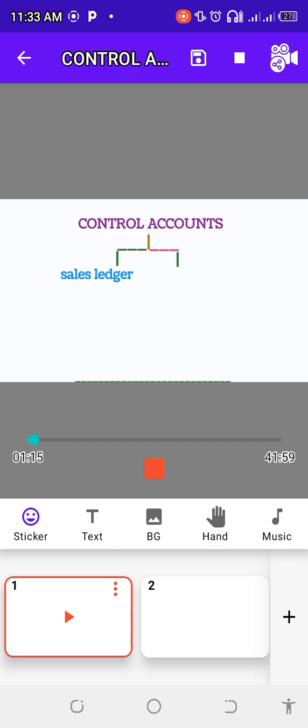Control accounts are generally split into two: the sales ledger control account and the purchases ledger control account.